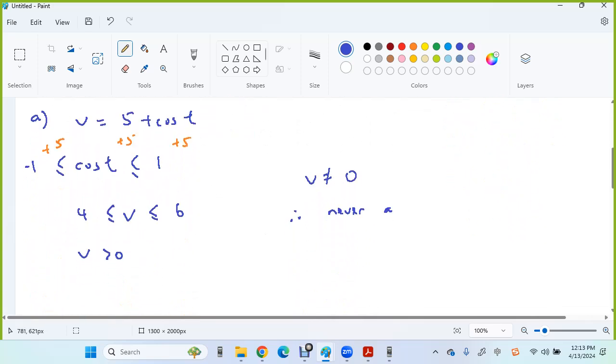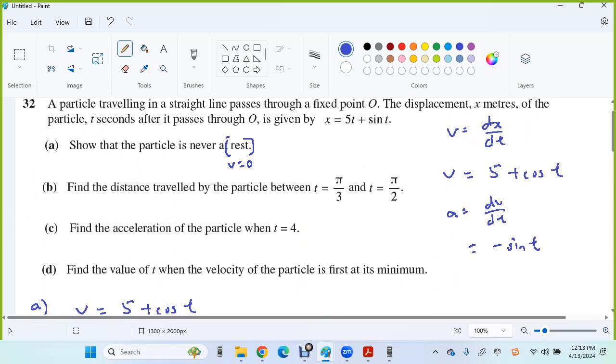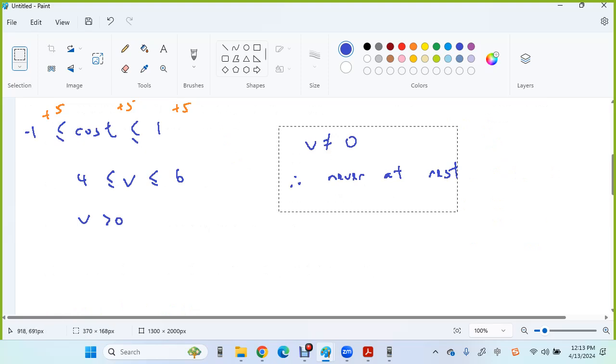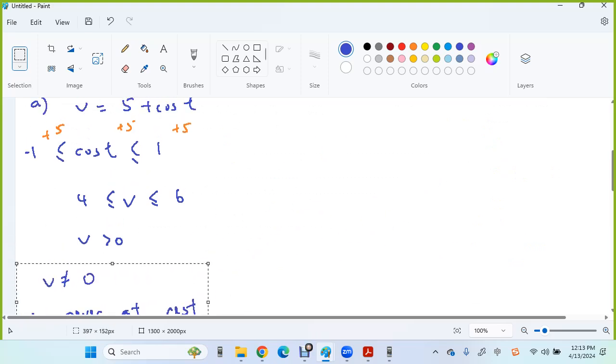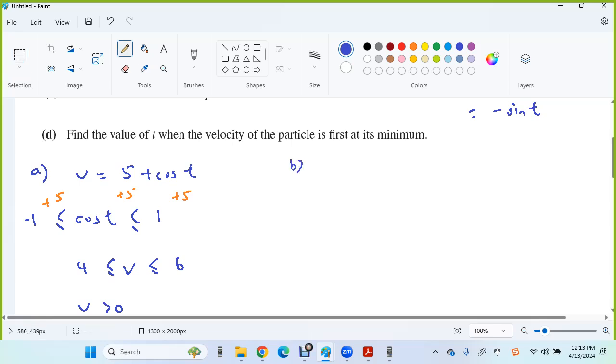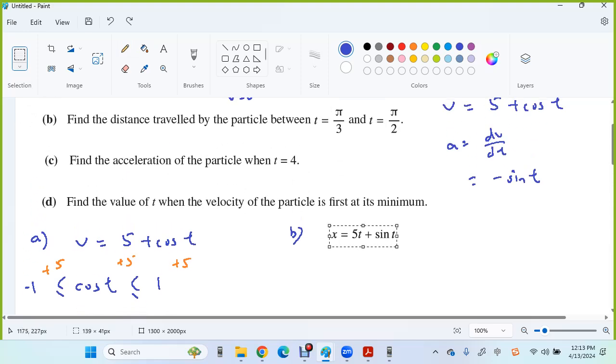And then for question part B, the distance traveled between t equals pi over 3 and pi over 2. We want to find the distance between these two times.